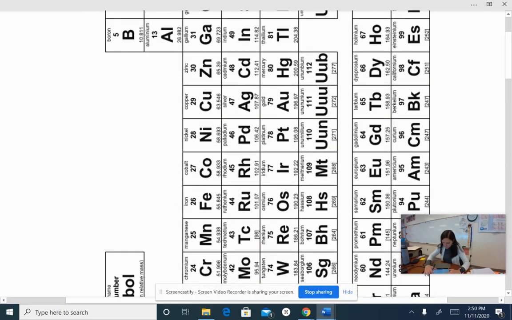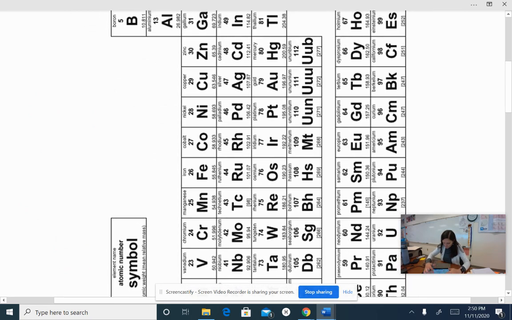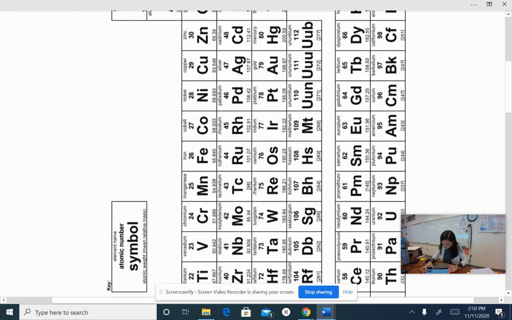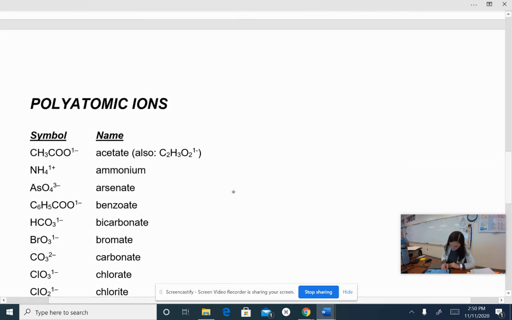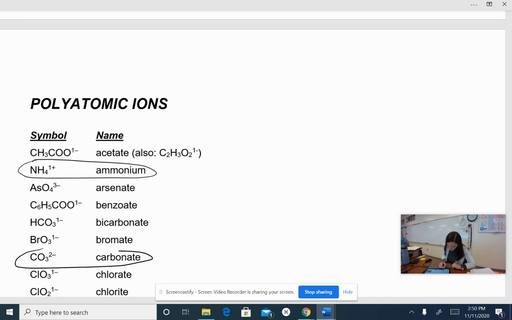So let's look up our ions really quickly. So ammonium has a +1 charge, it's NH4, and carbonate has a -2 charge, it's CO3 -2. So those are the two ions that we need to be working with.